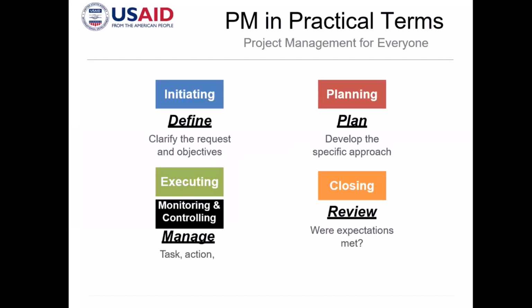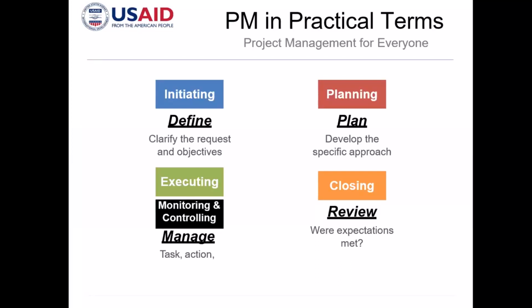So we have already discussed the cycle of doing a project, right? So we have the initiating, which is to clarify the requests and objectives. So here you will have to define the requirements thoroughly. And then you will go to the planning phase.